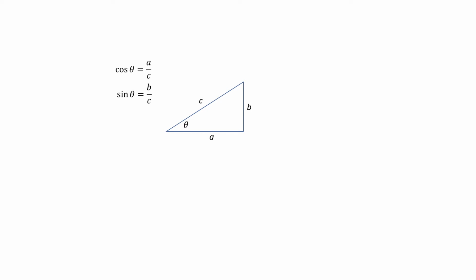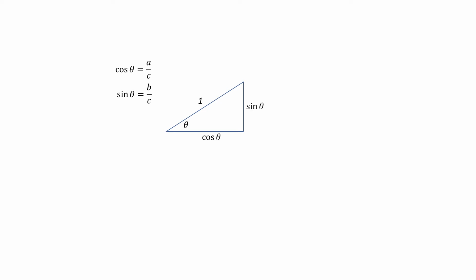So C will be 1, right? Now if you look at our formulas for cosine and sine, we see that A becomes cosine, adjacent leg becomes cosine, B becomes sine, opposite leg becomes sine. So now what we see, well, something interesting.